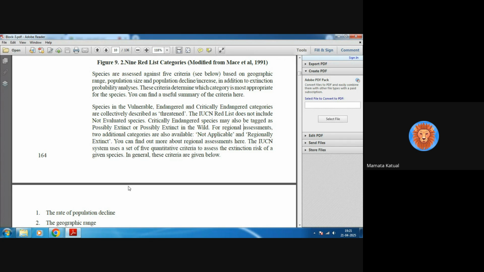Actually, it is not extinct because it is present in Africa. But if we do a regional assessment of India, then we can give one extra category, that is regionally extinct. That means extinct in India.